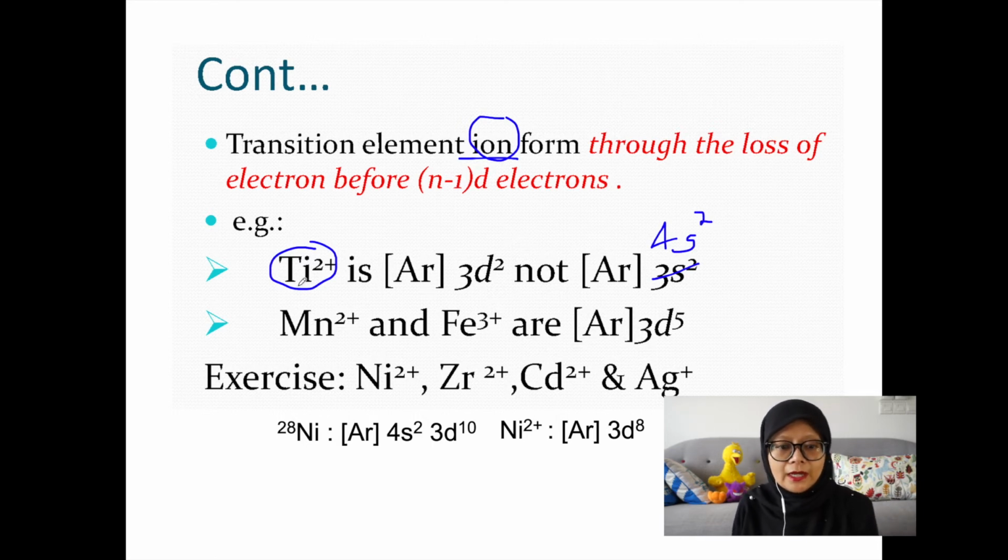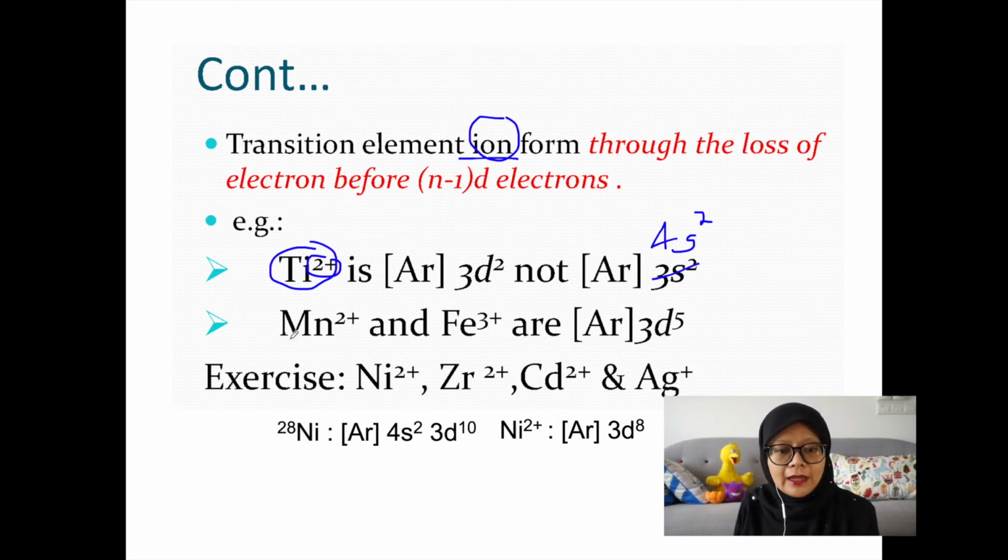It is Ar 3d2 because we need to remove 2 electrons from the outermost orbital, which is the 4s2, not the 3d, following the Aufbau principle.